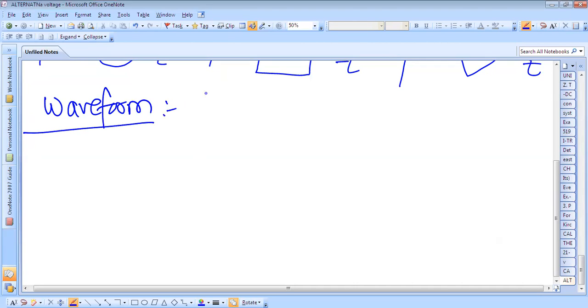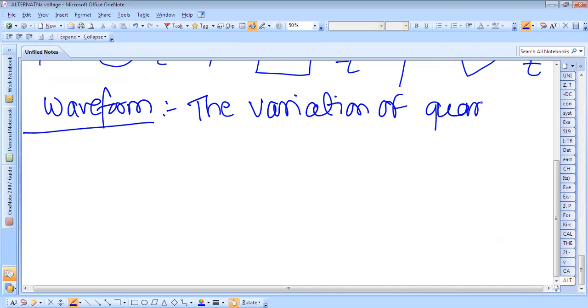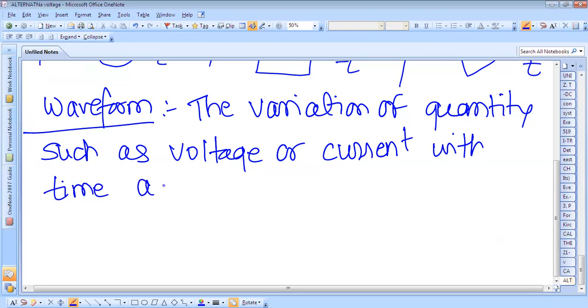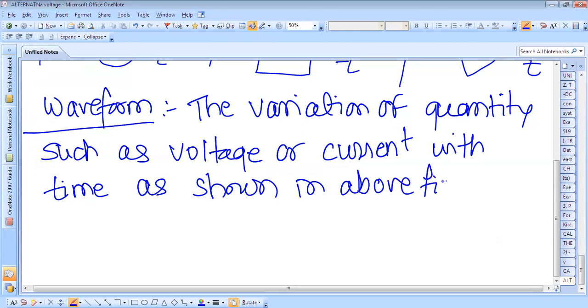The variation of quantities such as voltage and current with time, as shown in the above figure, is called the waveform.